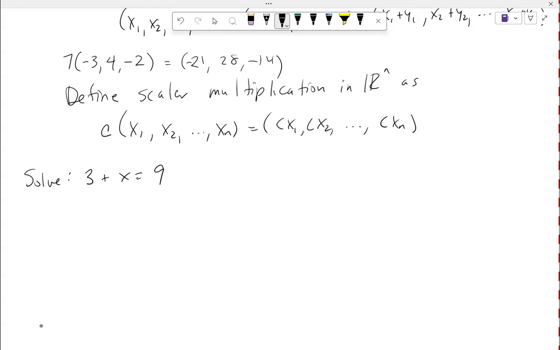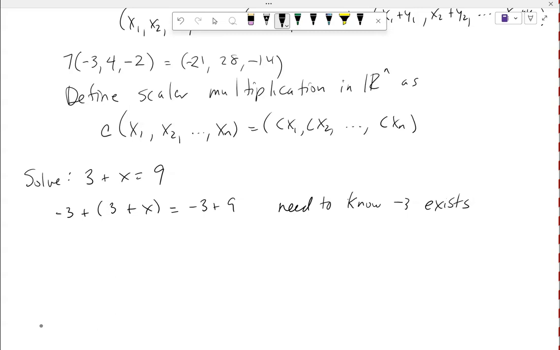So to be able to subtract 3 from both sides or add a -3, we need to know that -3 exists. I know it sounds weird, but I need to make sure that we actually have an object that I can add to 3 and make it go away, right? That's something we would need. Okay.